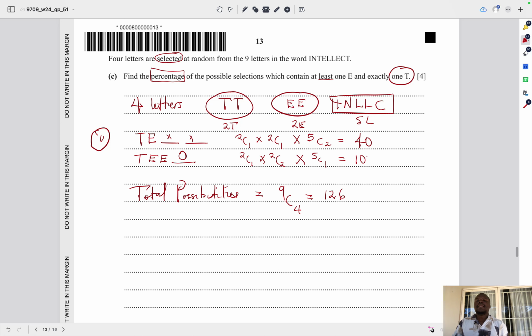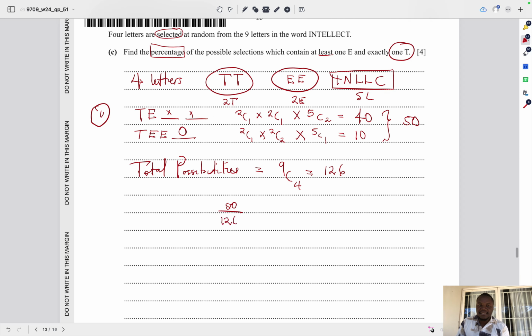So now, the total number of ways of choosing 4 letters in which there is exactly 1 T and at least 1 E is 50. So 50 divided by 126, times 100, which gives me 39.68, which we can say is just 39.7%.